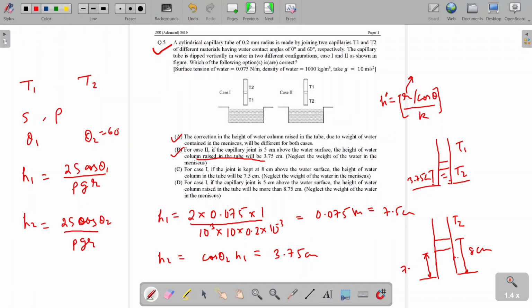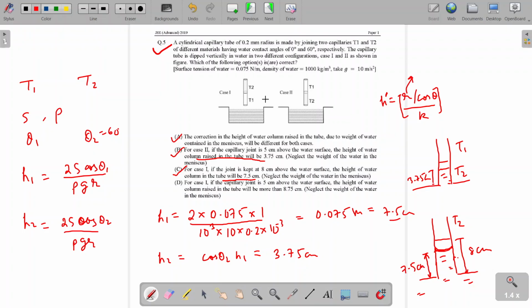So this height would be some 7.5 centimeter as per our calculation. And since this is sufficient height, it would be able to show us this particular height. So this would also be correct. The column will be raised by 7.5 centimeter.